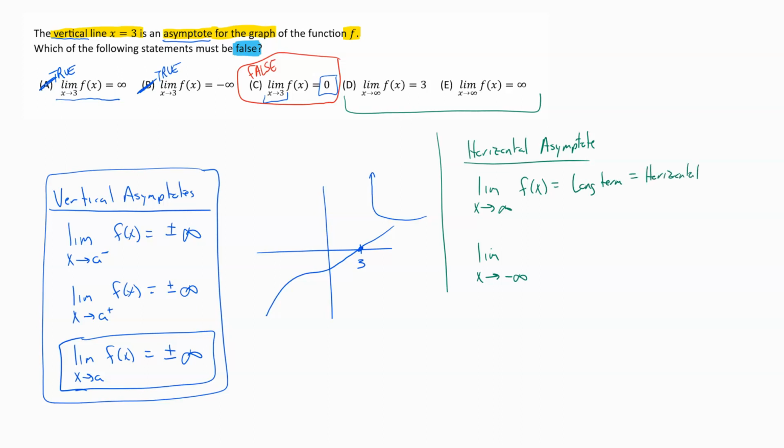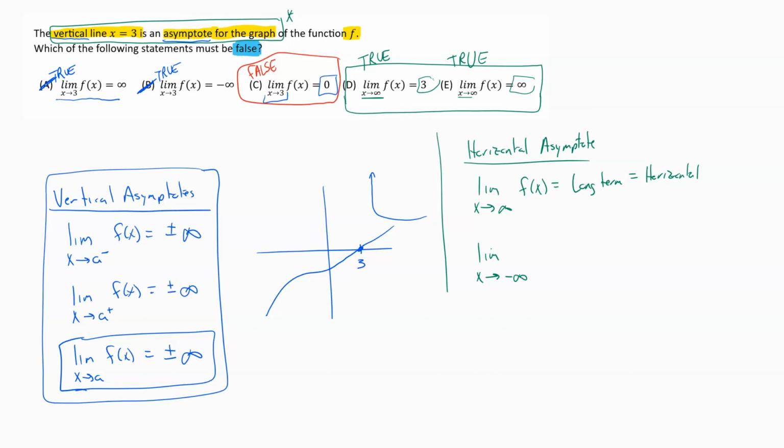Nothing about this statement precludes either of these two things from happening. As x heads to infinity, we don't know anything about it, so it could head to 3, it could head to infinity, but nothing about this vertical asymptote stops that from happening. So these all could be true and are definitely not false statements. So the only answer on this one is option C. That is the only false answer.